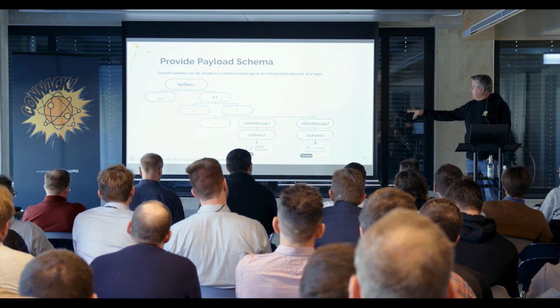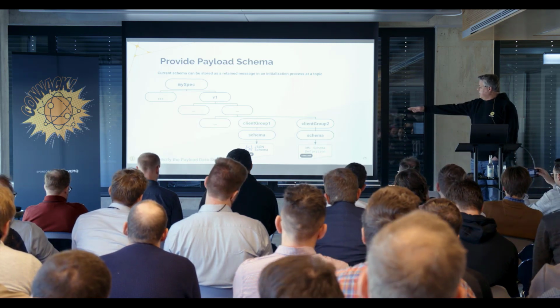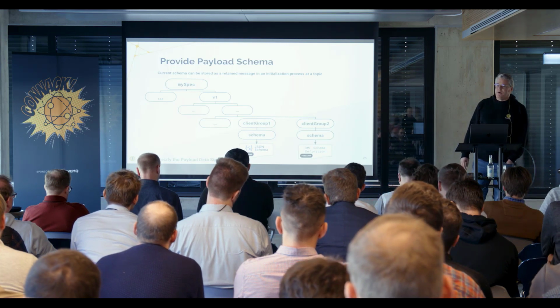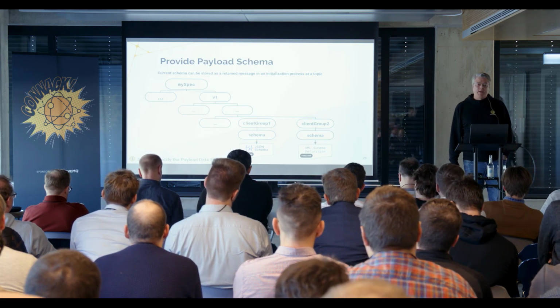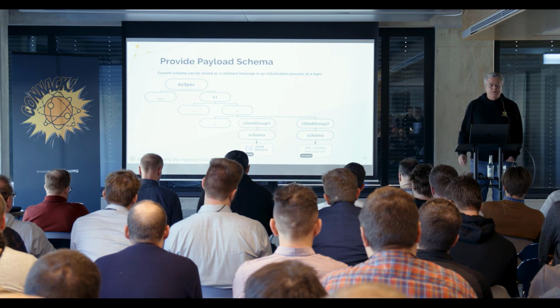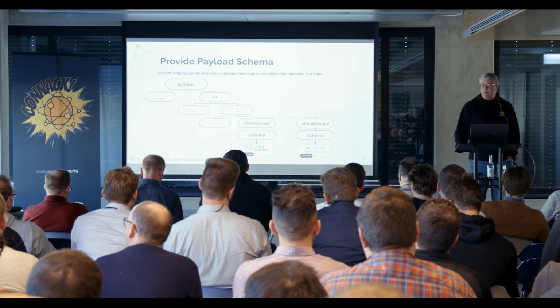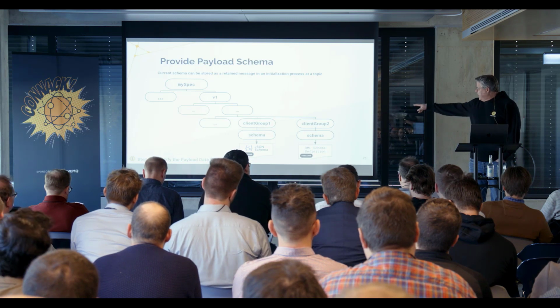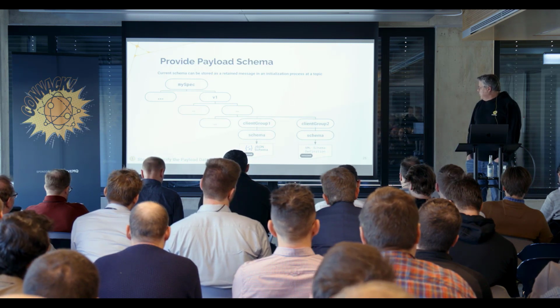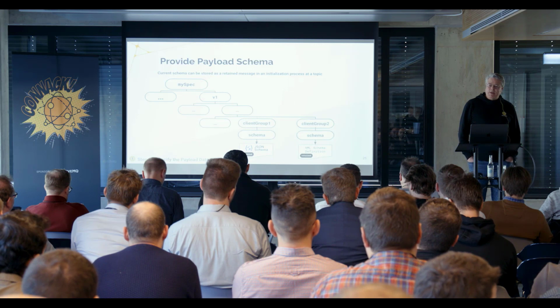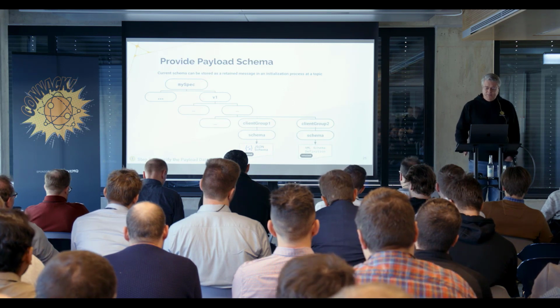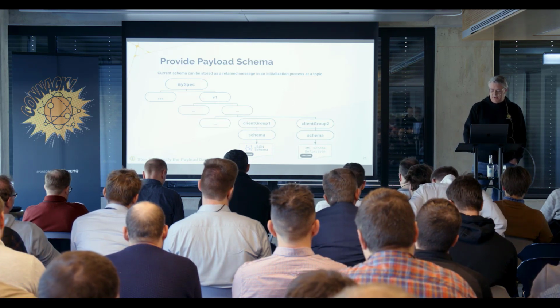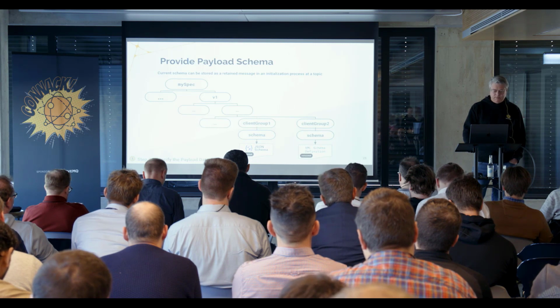Assuming client group 1 needs this readable schema, you can just store that schema on the broker as a retained message in order to check what the current desired schema is, with JSON. And for the client group 2, there's an XML schema definition that is stored again as a retained message.